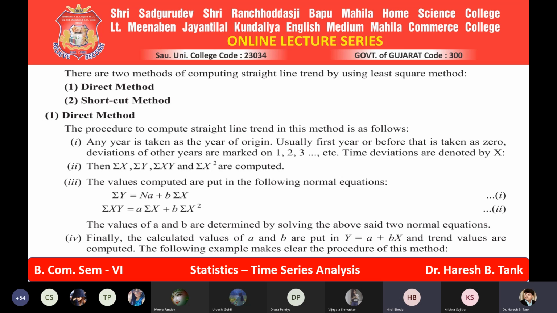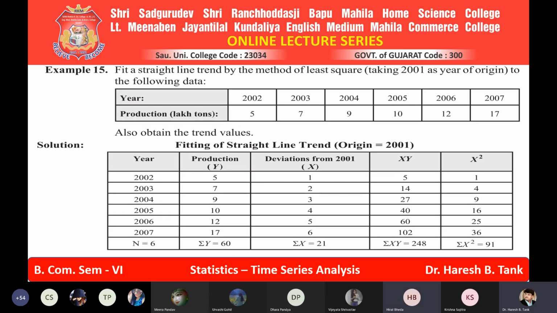Okay. So naturally, just observe now what we did here. Look, in this case, value of n is 6, summation of x is 21, summation of y is 60, summation of xy is 248, and summation of x square is 91.